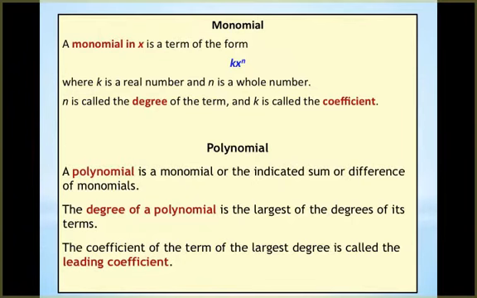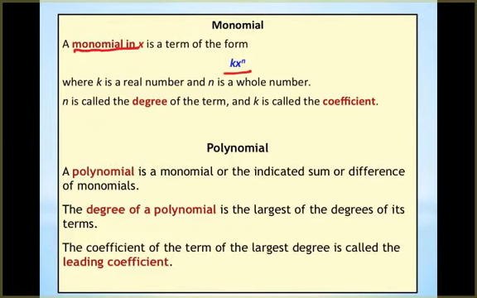First of all, we'll discuss what we mean by a monomial in x. A monomial in x looks like k times x to the n, where k is a real number and n has to be a whole number. We call n the degree of the term and k is the coefficient.